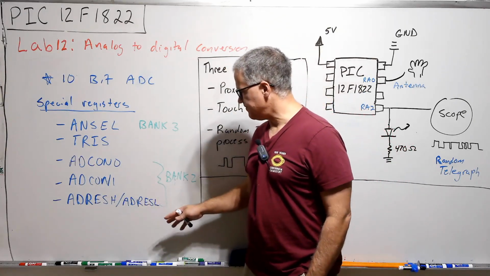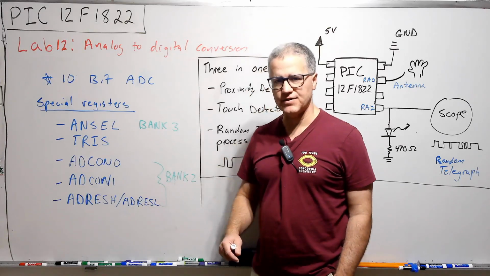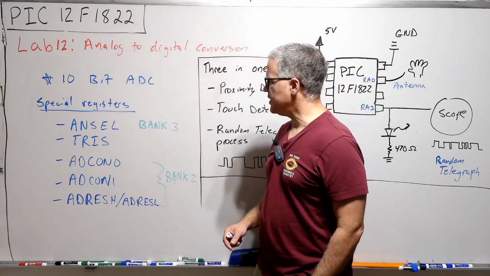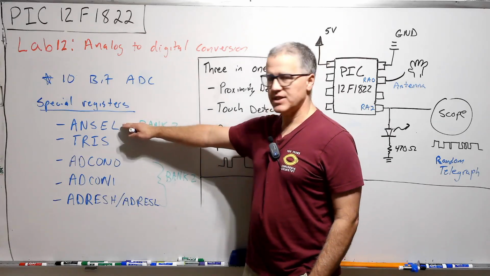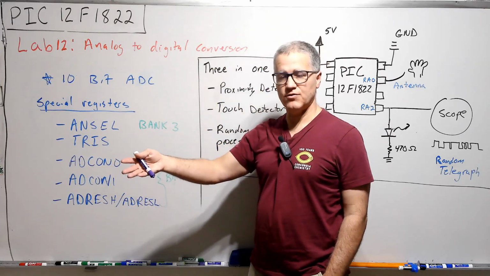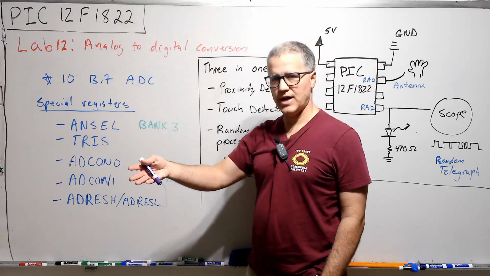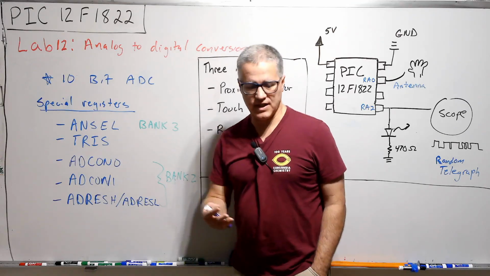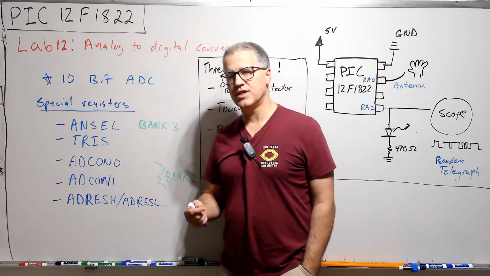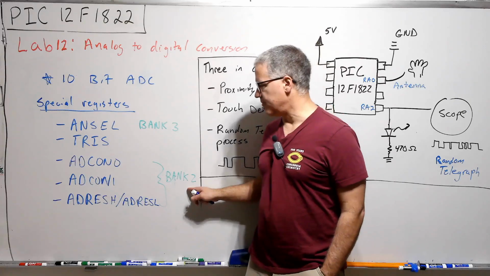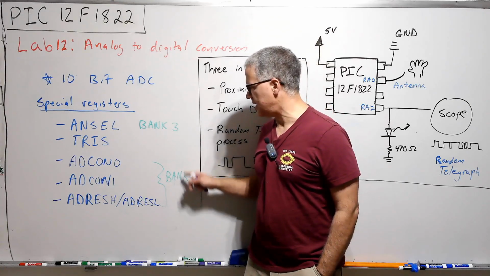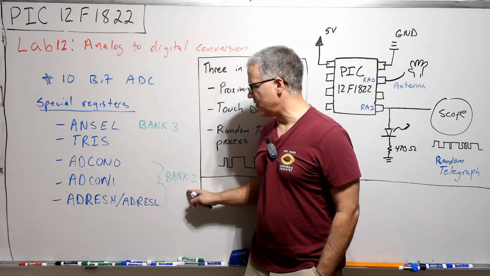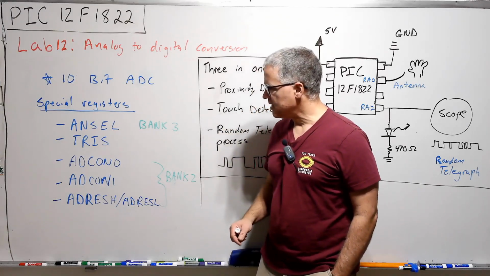And these are all important banks for using the analog to digital. This really just sets up, say, hey, we're going to turn one of the pins to analog. This is sitting over on bank 2, and the rest of the analog to digital conversion registers are back on bank 1, or on bank, I think I said 2 here, bank 3, and these are on bank 2.